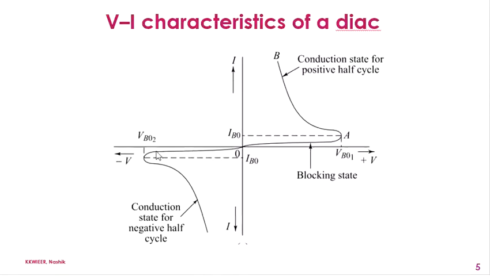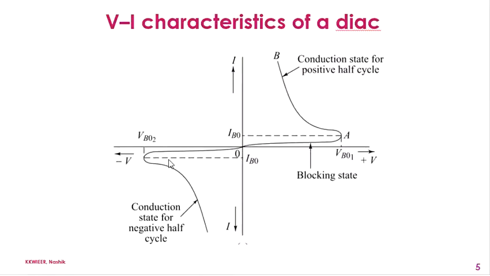For negative half cycle, a similar operation happens. The characteristic is obtained in the third quadrant. It will be a replica of the characteristic obtained in first quadrant. This is because the doping level is the same at the two junctions of the device.